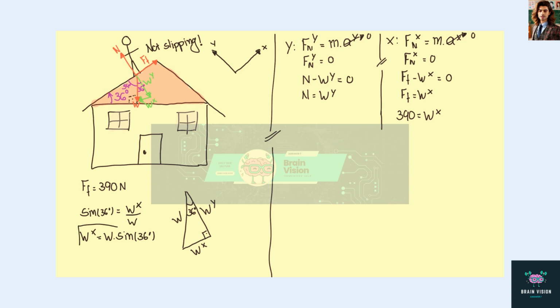Now, we use this equation here to get the following. 390 is equal to the weight force times the sine of 36 degrees. Then, the weight force is equal to 390 divided by the sine of 36 degrees.